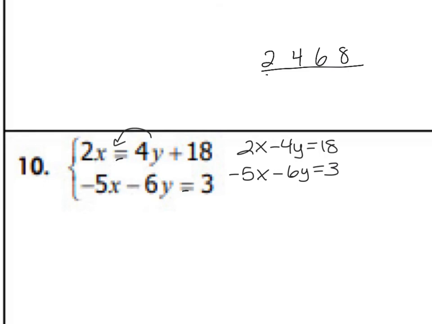Well, it'd be 5 times 1, 5 times 2 is 10, 5 times 3 is 15, okay? And if you look at 4 and 6, what are the multiples of 4? 4 times 1, 4 times 2 is 8, 4 times 3 is 12, 4 times 4 is 16. And the multiples of 6, 6 times 1 is 6, 6 times 2 is 12.